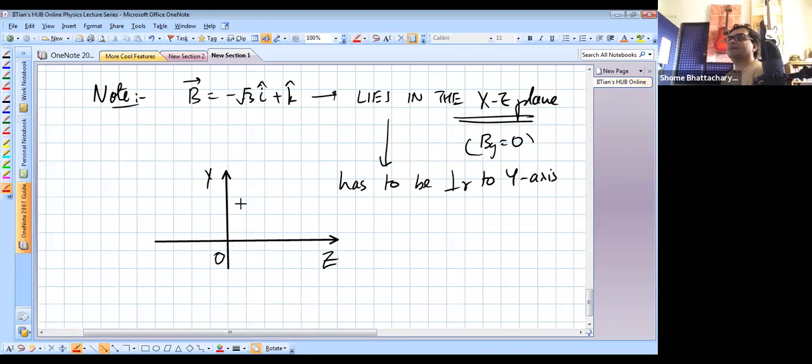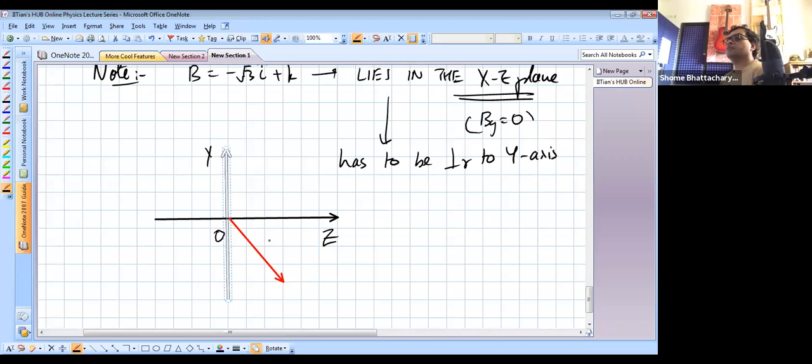It will have a negative x component and a positive z component. This is my vector v, it has an x component which is negative and a z component which is positive.